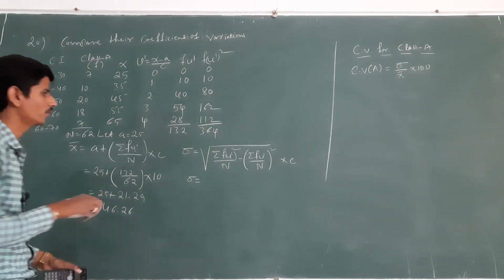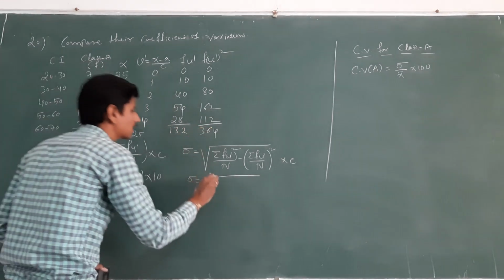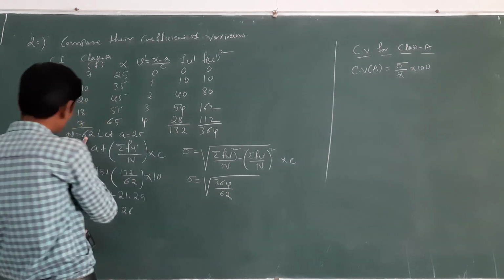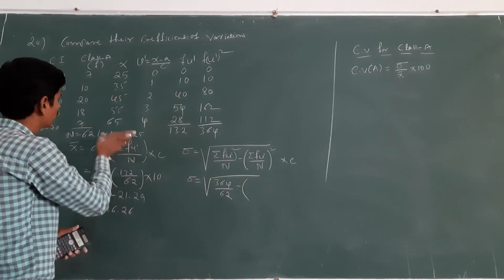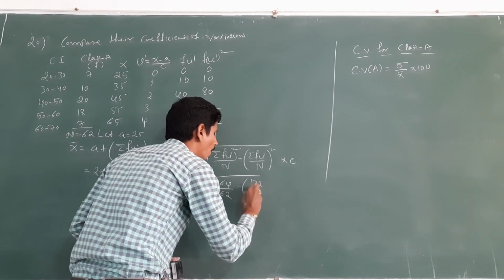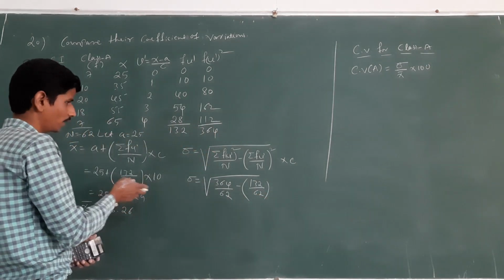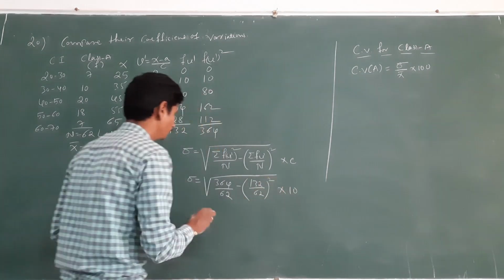Then substitute the values. Sum of fu dash square is 364 divided by capital N, which is 62, minus sum of fu dash by capital N, its square. That is 132 by 62. Otherwise, you can directly put 46.26, sorry, its square, into the width of the class interval, which is 10.